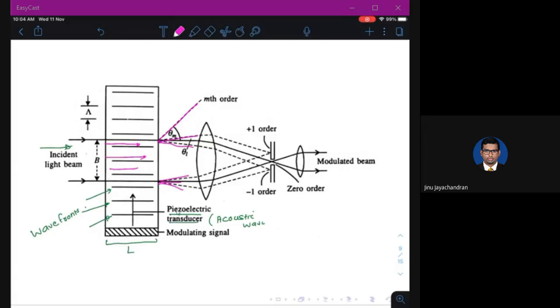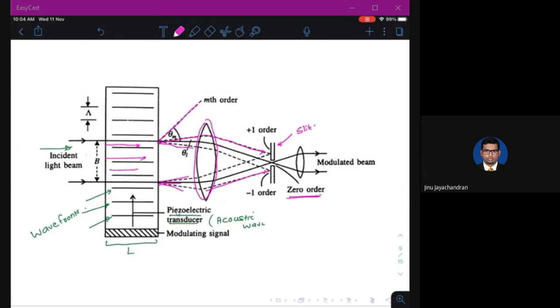Now, what we will do is use a lens to focus into one particular point, and we will have a small slit such that it will pass only the zeroth order, because we don't want all the other orders. We want only the zeroth order, because that is the one which gives me the incident beam. Remember, when all these mth orders come out, they have a different velocity or a different wavelength.